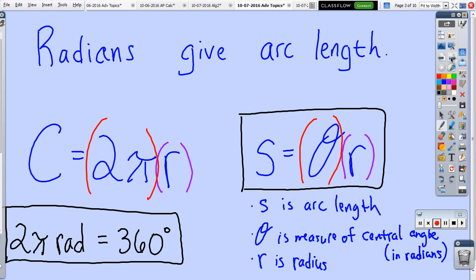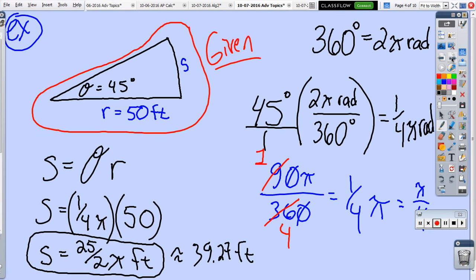This is the formula we use to find any arc length as long as we have the measure of the central angle. If it's not in radians, convert it to radians, and then the length of the radius. I think we completed this one. Yeah, so a quick review.